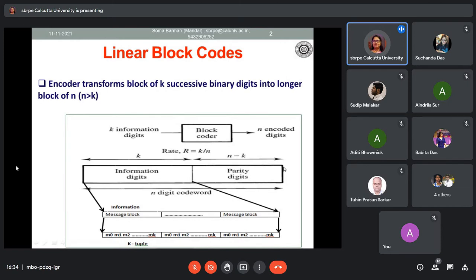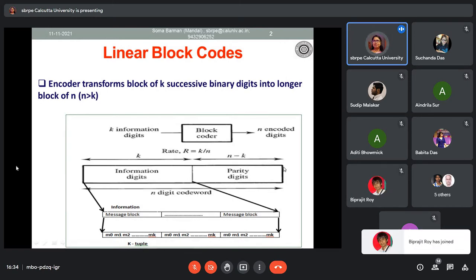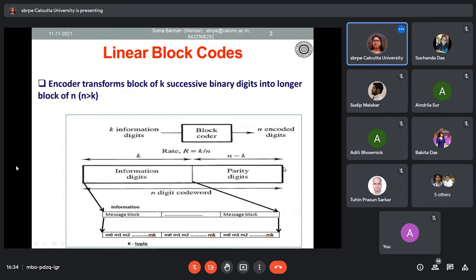And in case of block code, as I have already said, there is systematic addition of redundant bits and non-systematic addition of redundant bits. So there is systematic block code and non-systematic block code.